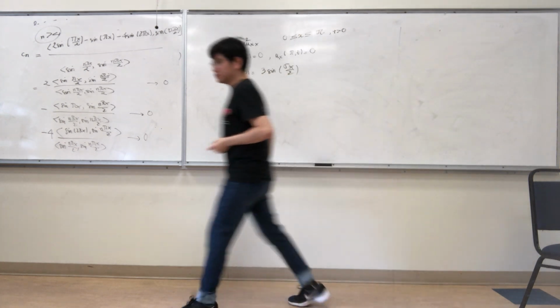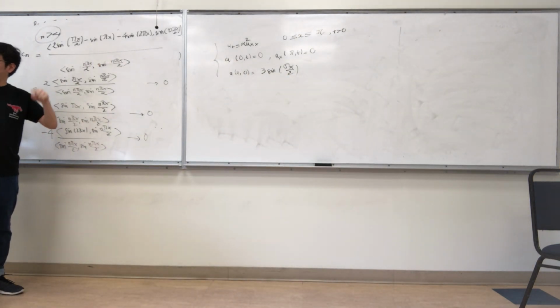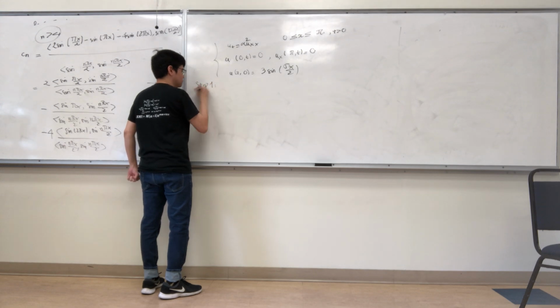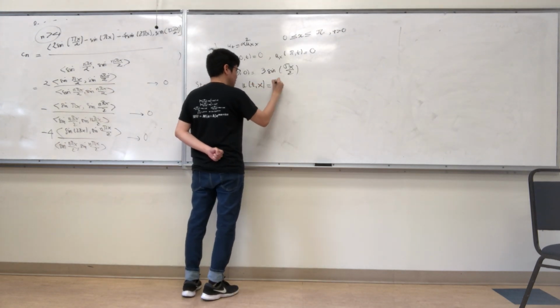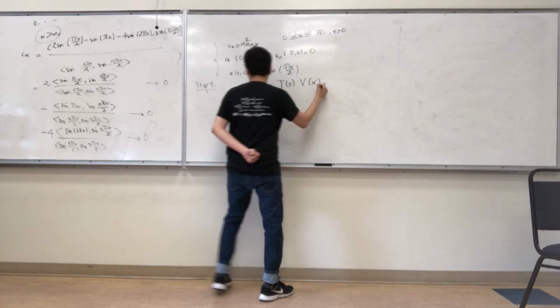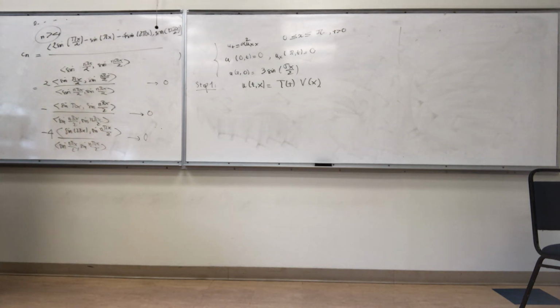All right. So let us try to solve this problem. The method is again separation of variables, right? So step number 1, you want to find the ODEs that are associated to this equation. I'm going to suppose that the solution is separable in x and t.